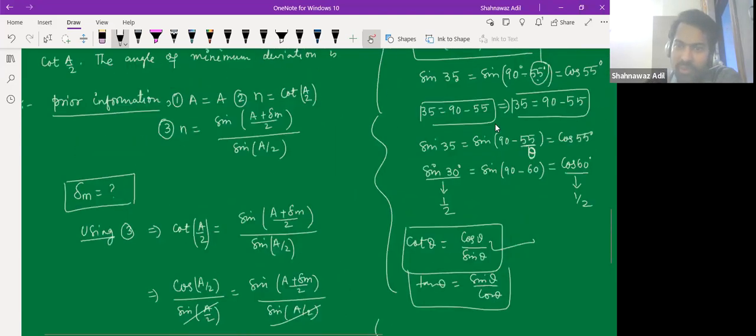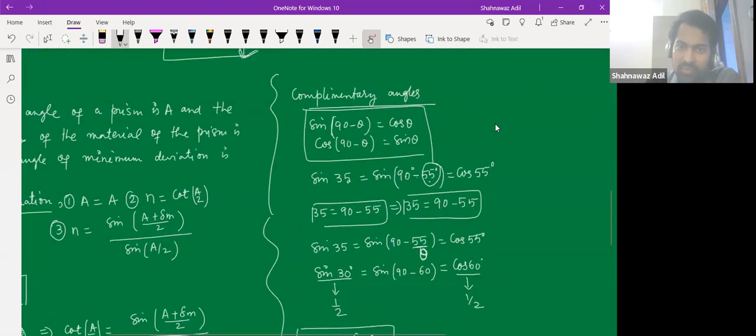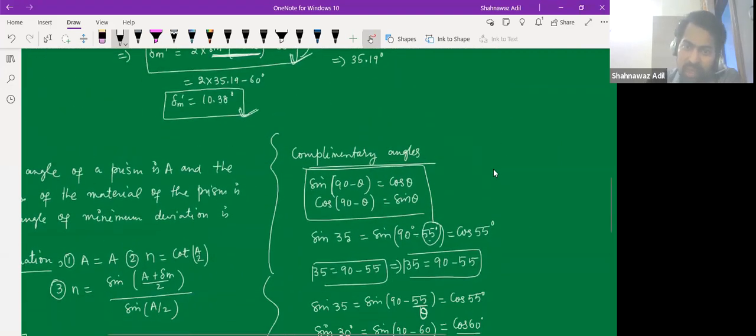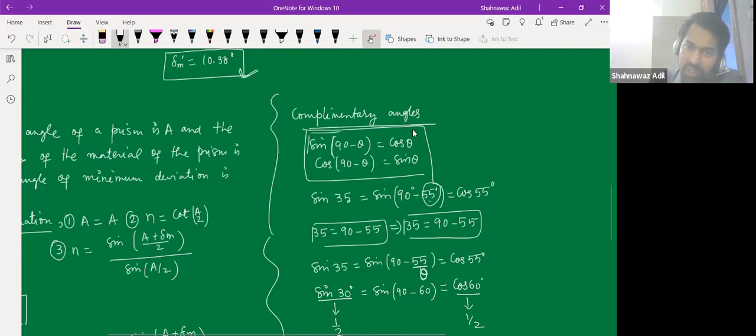Cos in terms of sine we can write. Is this clear?